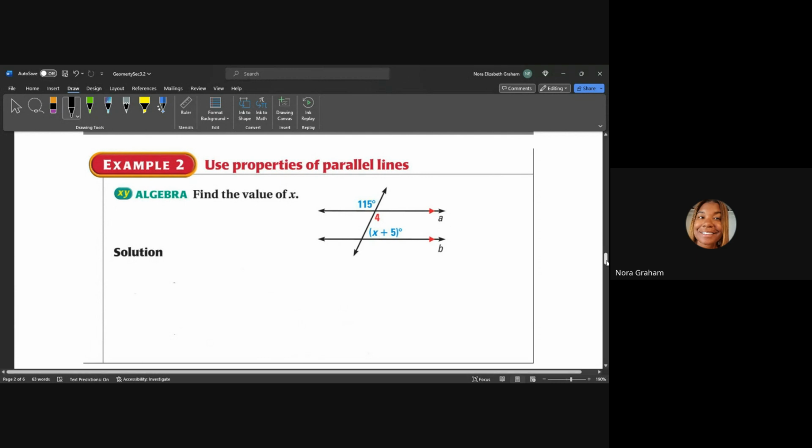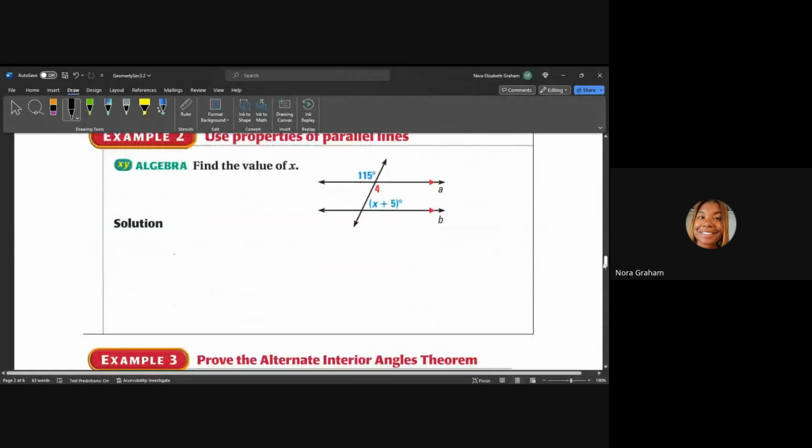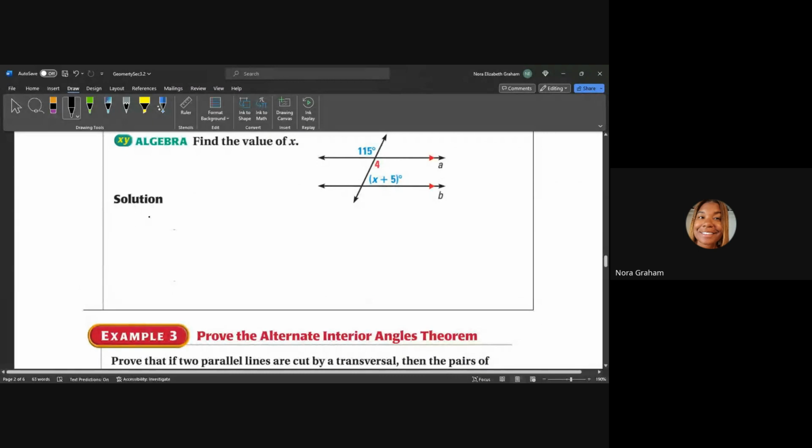And from our consecutive angles theorem, we know that angle 4 plus angle x plus 5 is equal to 180.